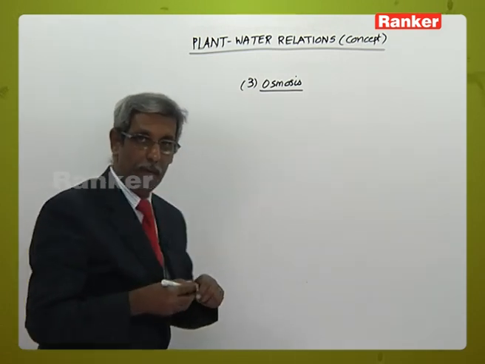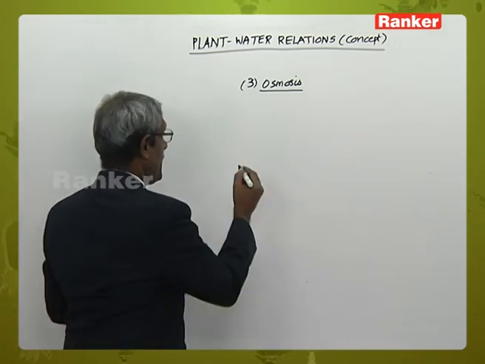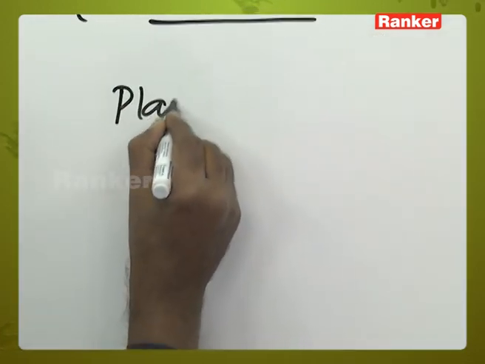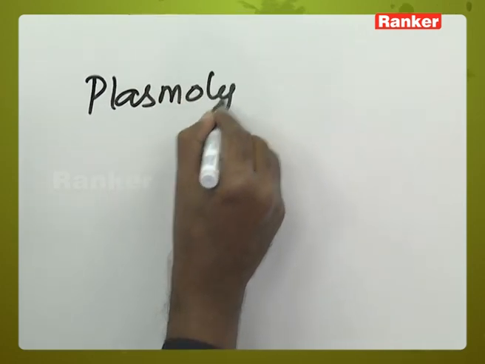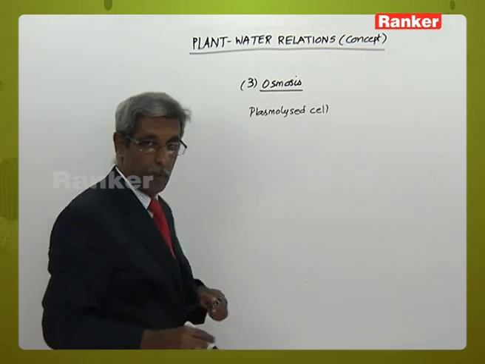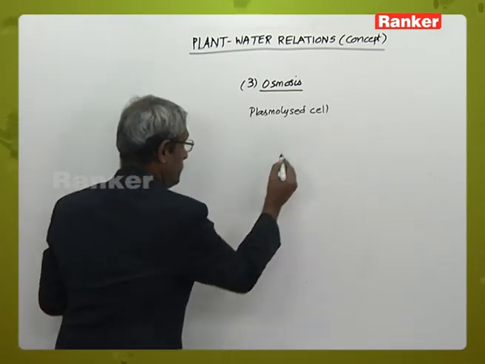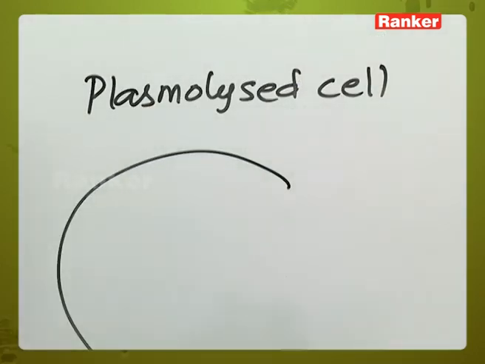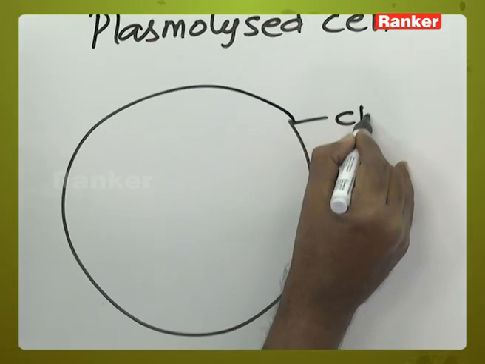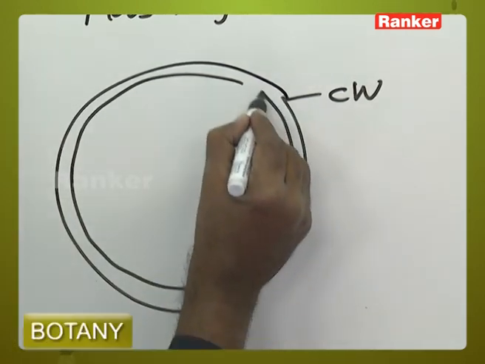Now, there are two very important concepts which we need to understand, normally asked in KCET. In a plasmolysed cell, you have the cell wall, then you have the plasma membrane.